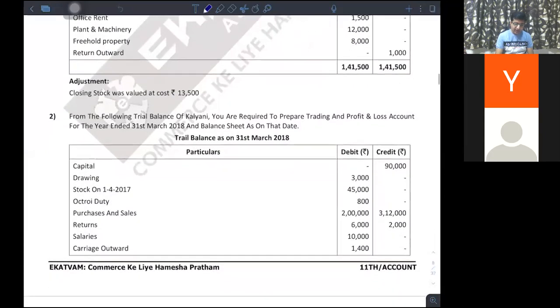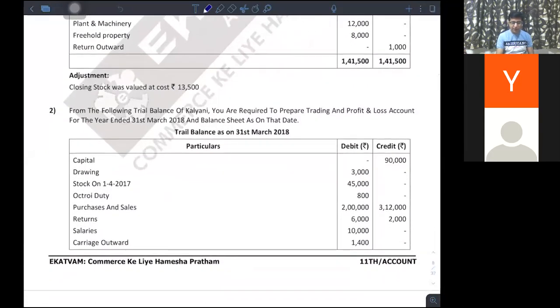After that, you have plant and machinery and freehold property. Freehold property means property on which there is no control of anyone else. That is what we call freehold property. In some cases, you take the property on a long-term lease basis. In that case, it is called leasehold property. Both of these are assets of the business. All right.